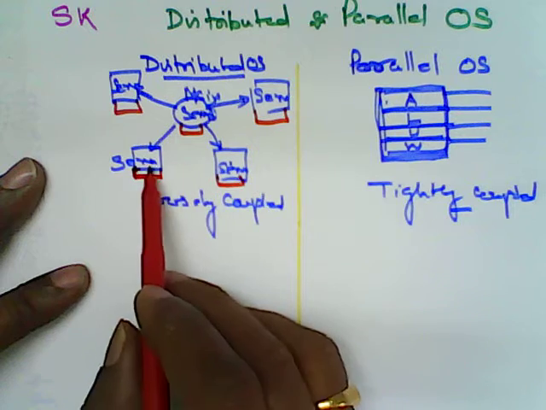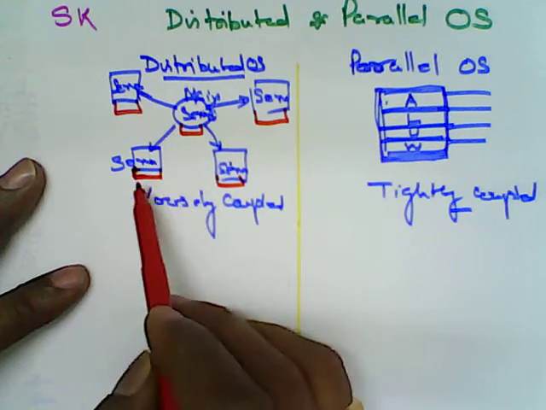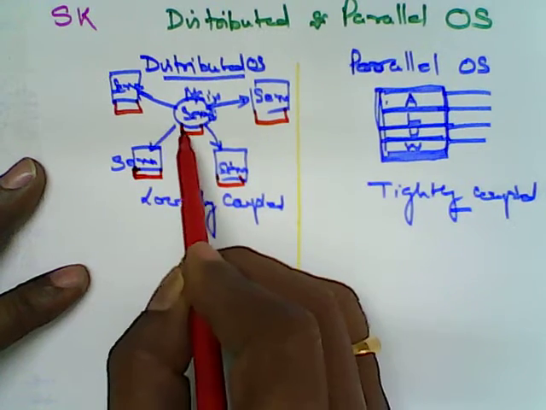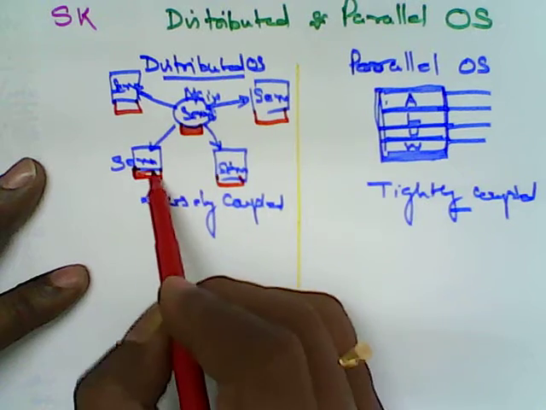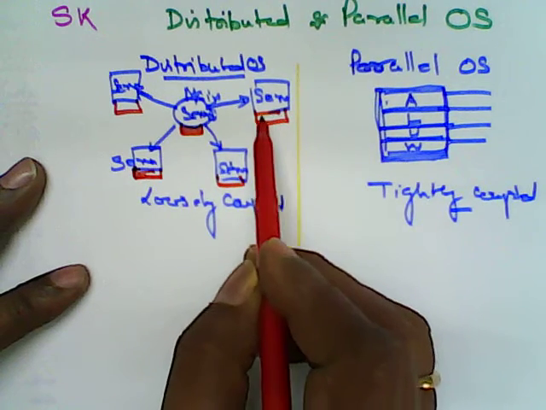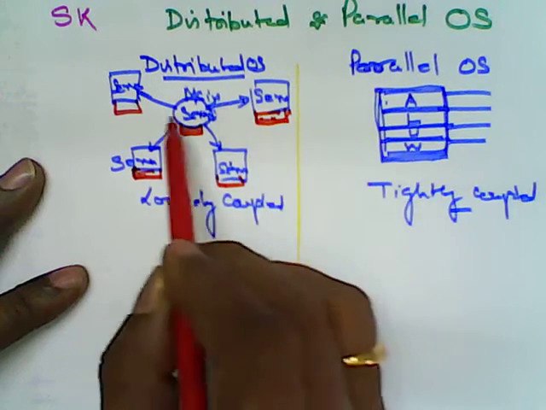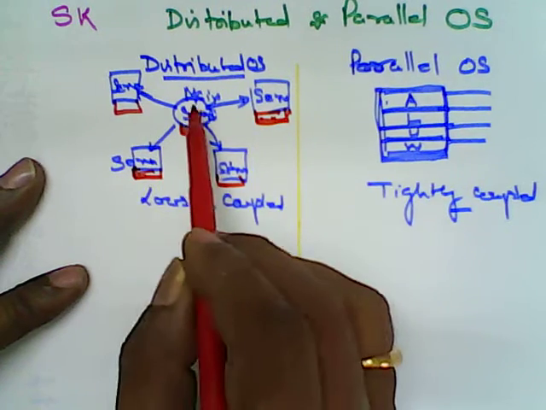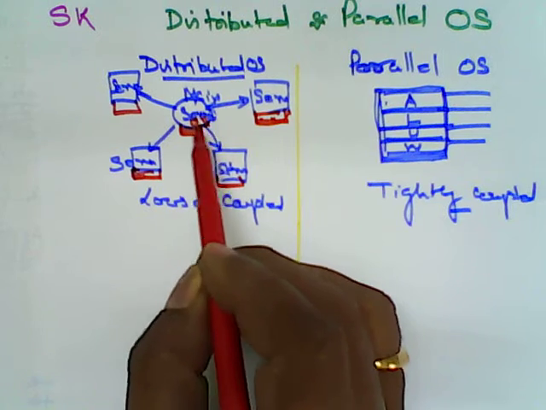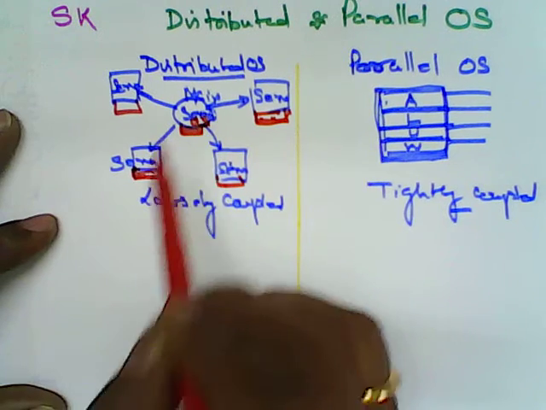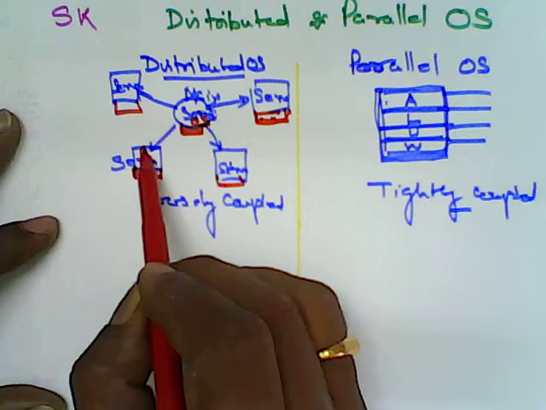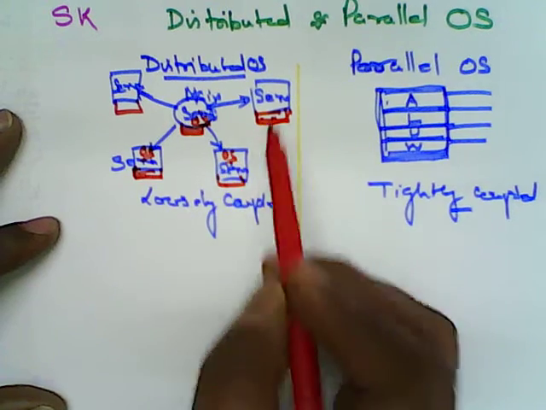Particularly the main memory that a server has is not shared by the others. This is independent. Every operating system runs in its own server.